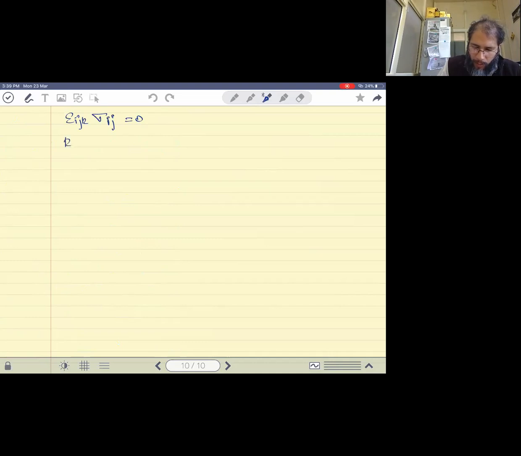So let's take k equal 1 here. So this becomes epsilon ij1 times sigma ij is 0. Now we know that i and j are dummy indices here, so we can expand them.